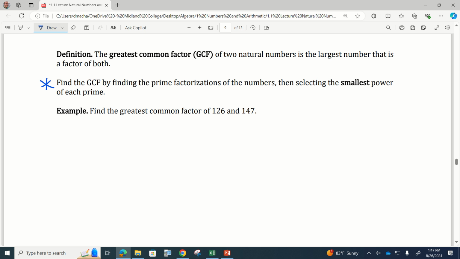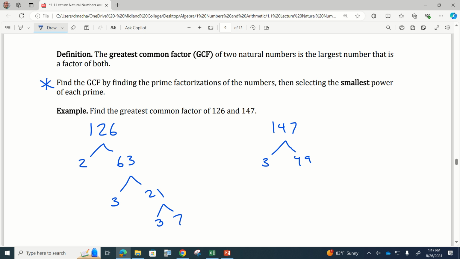So, prime factorizations of these numbers would be like 2 and 63, 3 and 21, 3, 7. This is not divisible by 2, but it's divisible by 3 and 7. Okay. So, I'm gonna scooch that over.